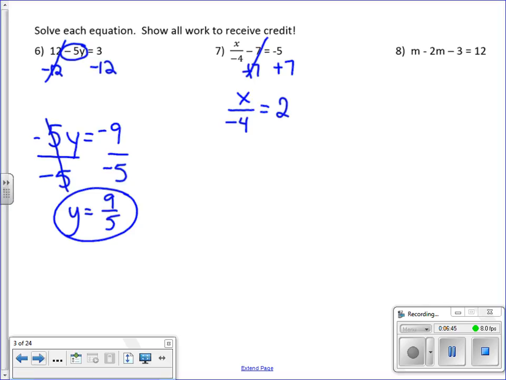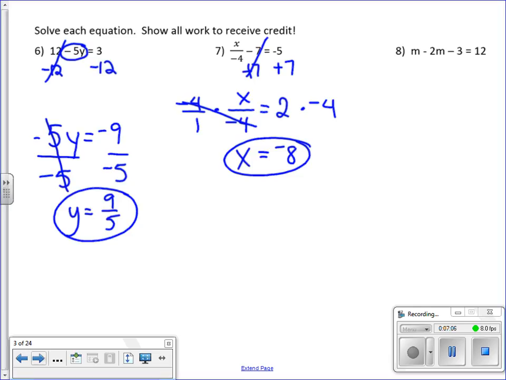Now I need to get rid of the negative 4. Since I'm dividing by negative 4, I need to multiply both sides by negative 4. In this case, it's negative 4 over 1. In this case, it's just negative 4. This cancels out, and I'm left with x is equal to negative 8. And there's my answer for that.